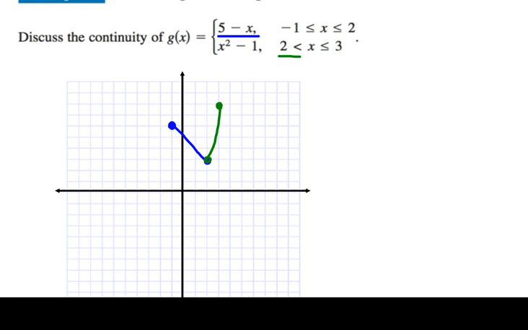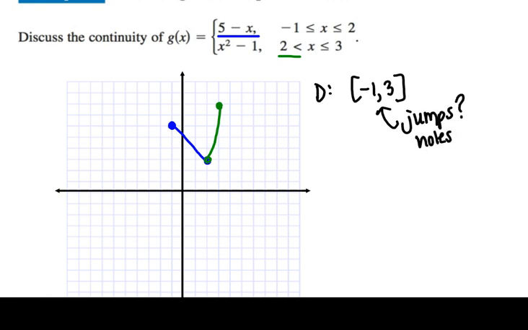So we're talking about continuity. So what is the continuity of this function? Well, we know that the domain goes from -1 to 3. But are there any jumps? Is this continuous from -1 to 3? Are there holes in which there would be a jump? One has a hole, but then it jumps up and fills it in so that the domain is continuous, but I have to pick up my pencil?